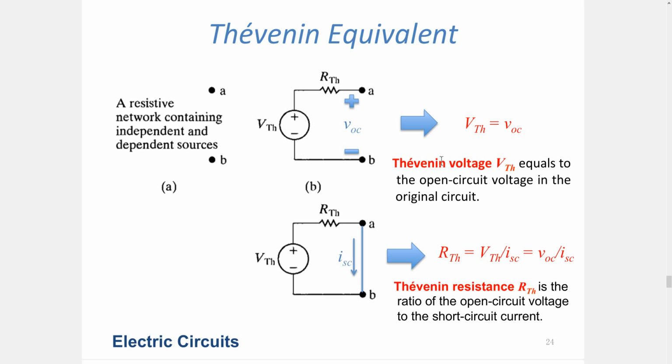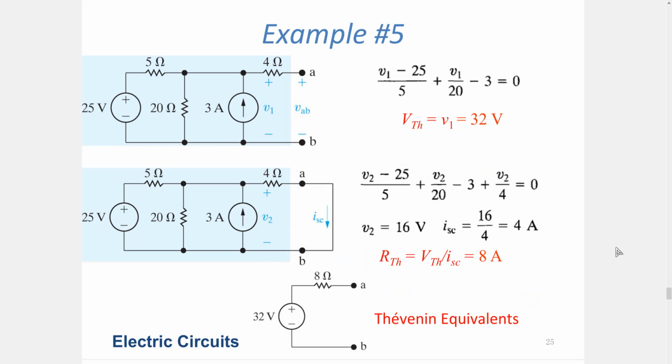Remember, the Thevenin voltage equals the open circuit voltage in the original circuit, while the Thevenin resistance is the ratio of the open circuit voltage to the short circuit current. It's very easy to measure in practice, but theoretical calculations require a bit more effort if you need to solve it on paper. So let us take a closer look and study this new concept through an example.